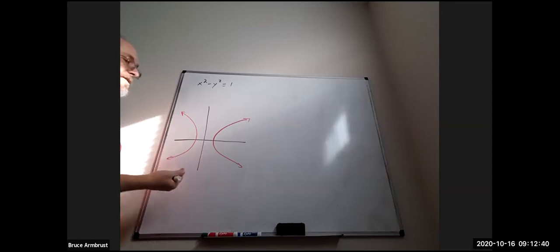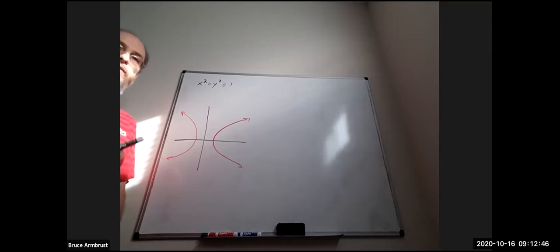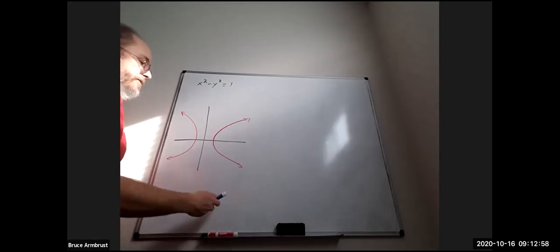But what I want you to notice is that this is not a function, right? It fails the vertical line test. And so everything that we've done with differentiation so far requires a function. Okay, so we don't have a function, which means, what are we going to do? But what if I wanted slopes of tangent lines?